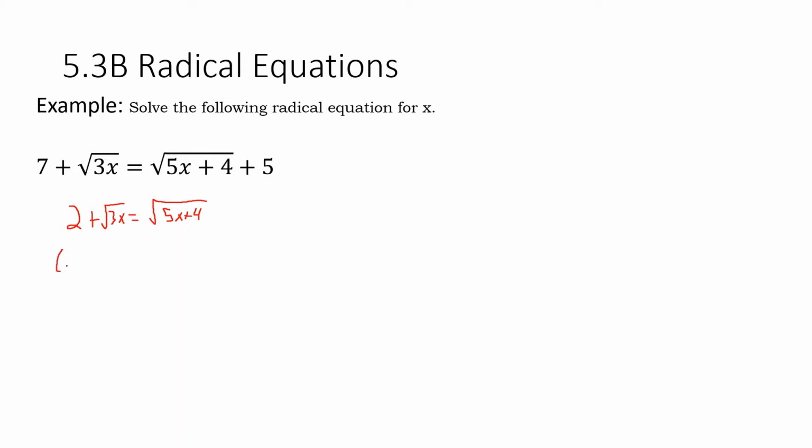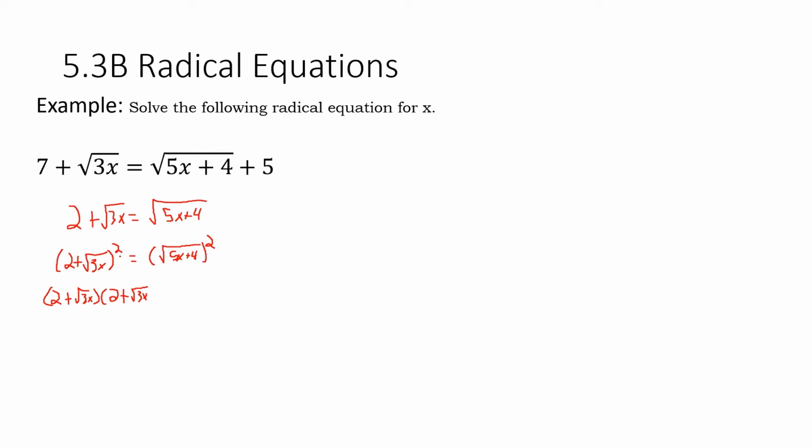So square both sides, so 2 plus root 3x squared is equal to root 5x plus 4 squared. And so this binomial here, you're going to need to expand that out, because this is 2 plus root 3x times 2 plus root 3x.